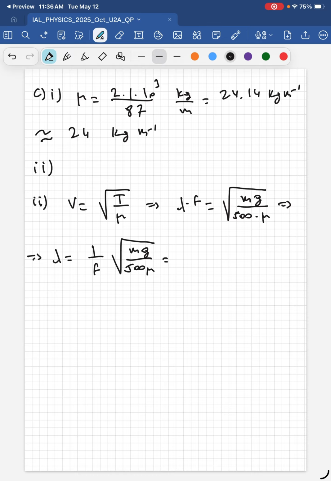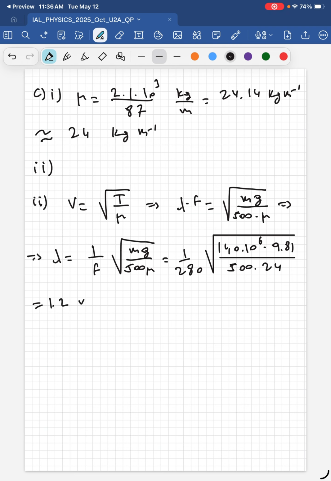And if we plug in numbers, we find 1 over 280, the square root of 140 times 10 to the 6 times 9.81 over 500 times 24. And this yields exactly 1.2 meters for lambda.